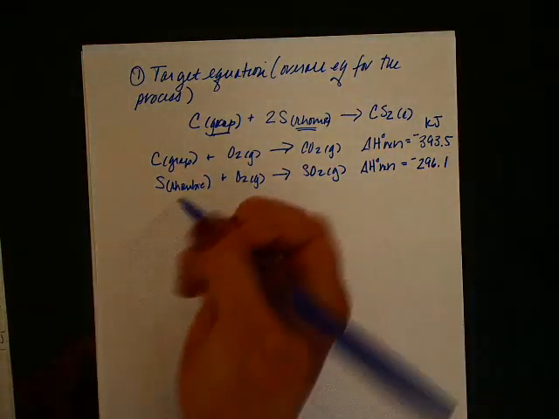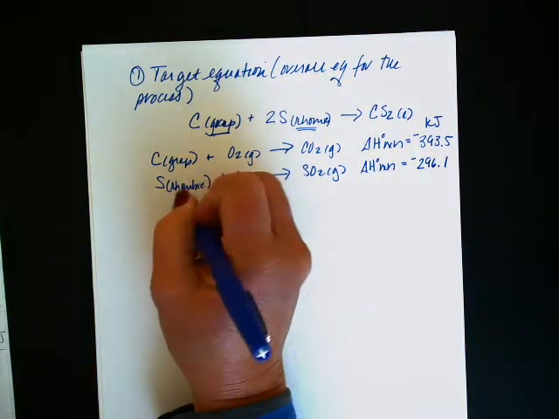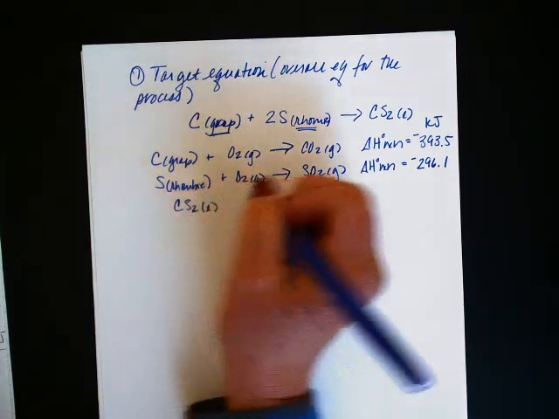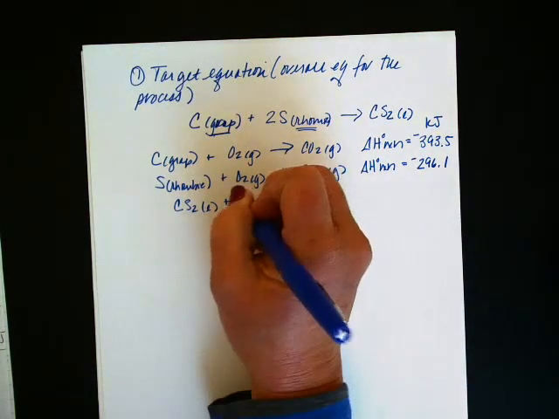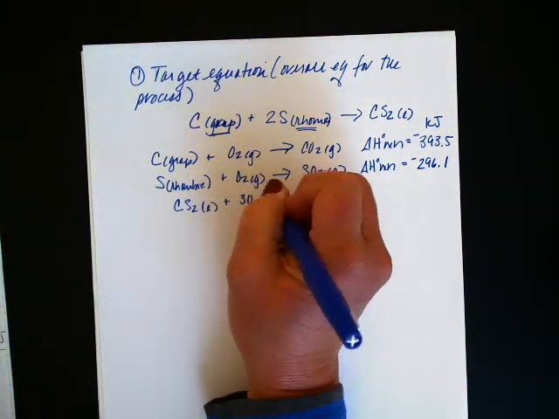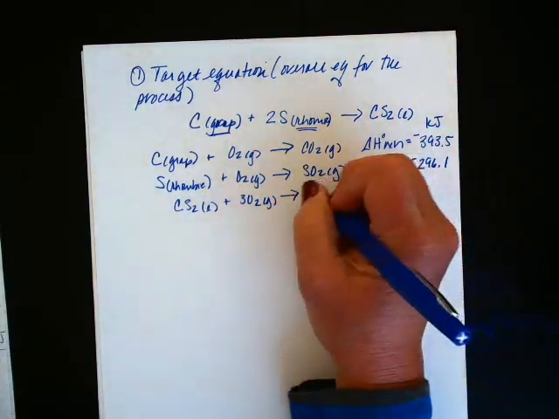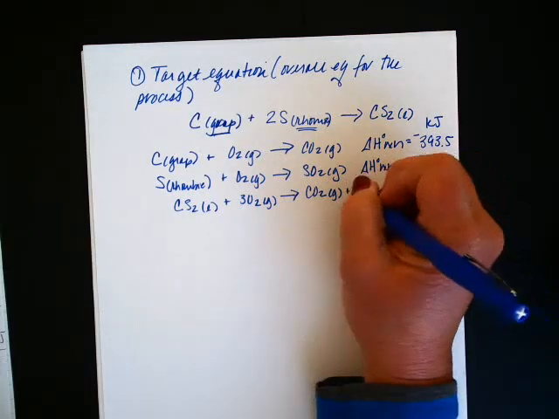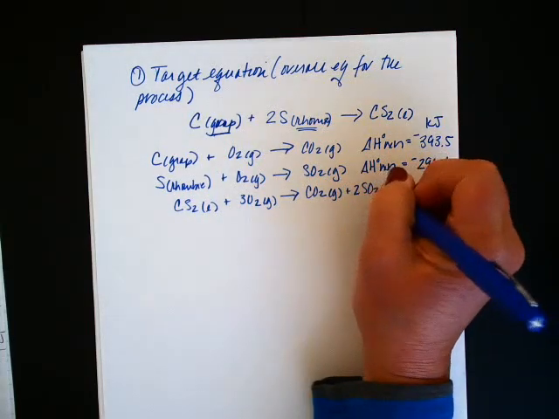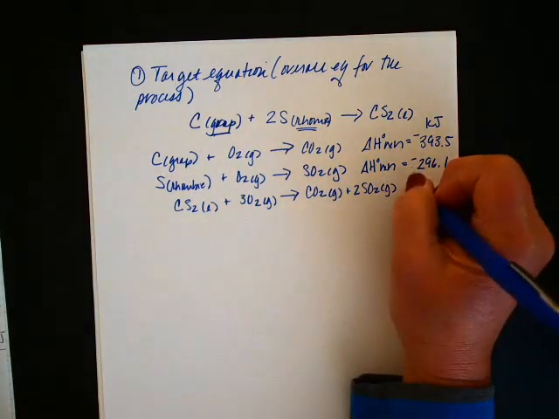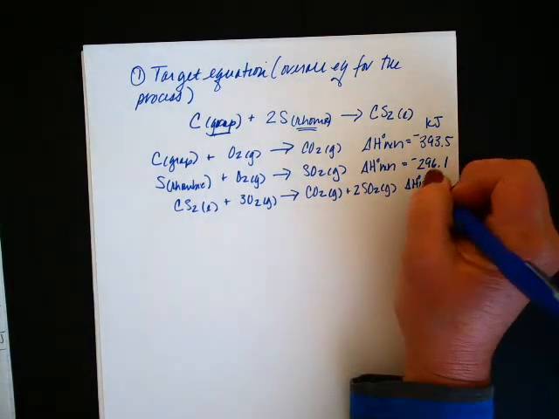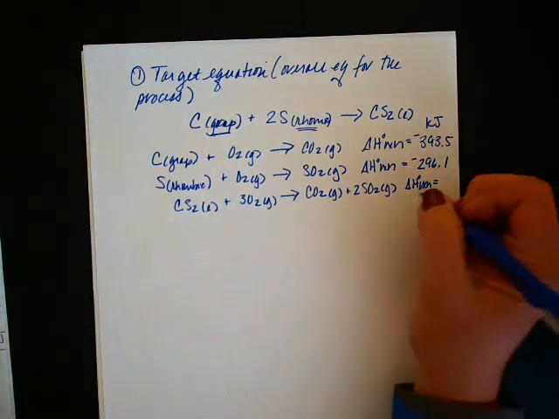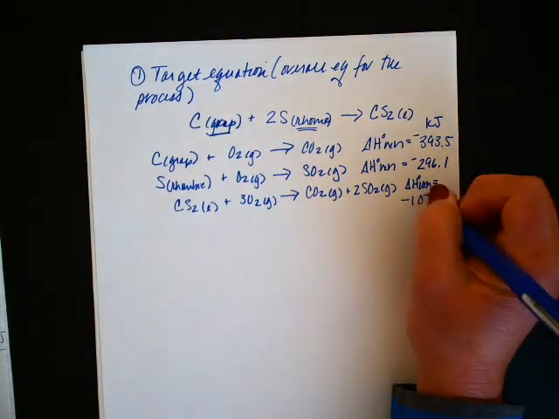And finally, CS2 liquid plus 3O2 gaseous gives us CO2 gaseous and 2SO2 gaseous, and the standard heat of this reaction is negative 1072 kilojoules.